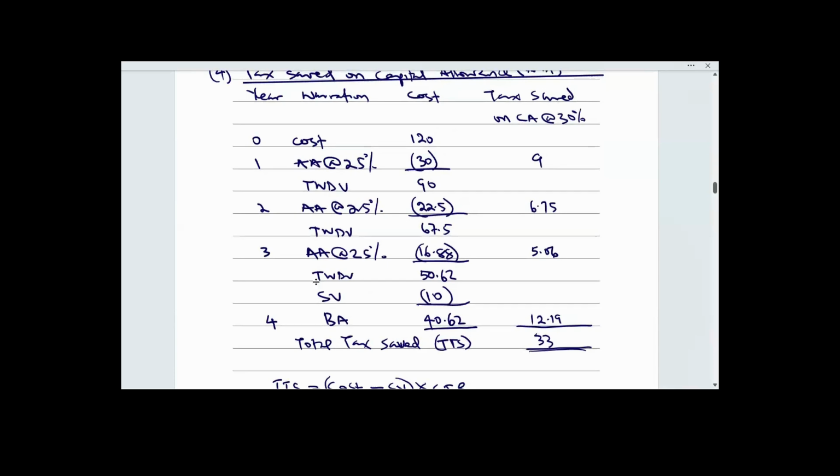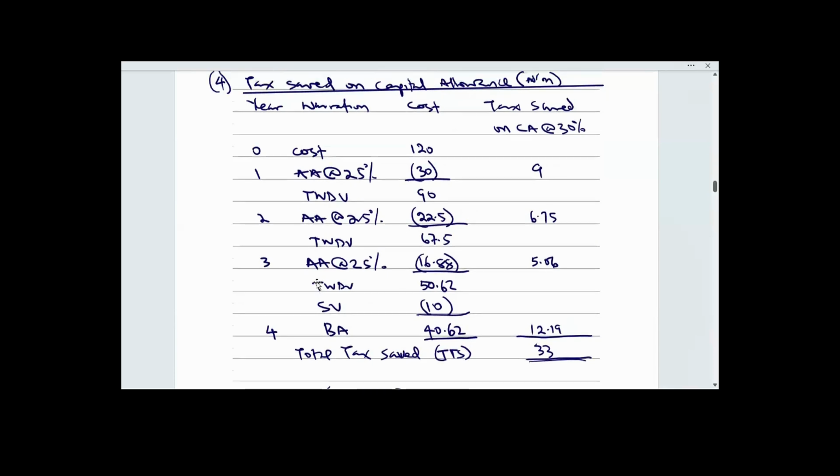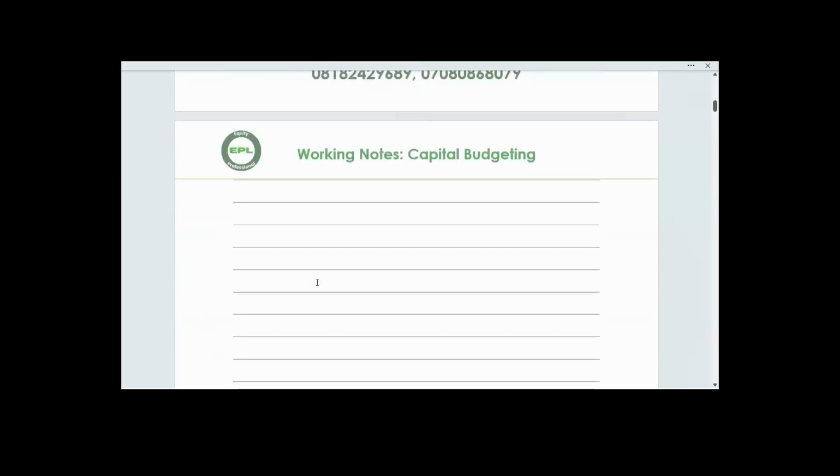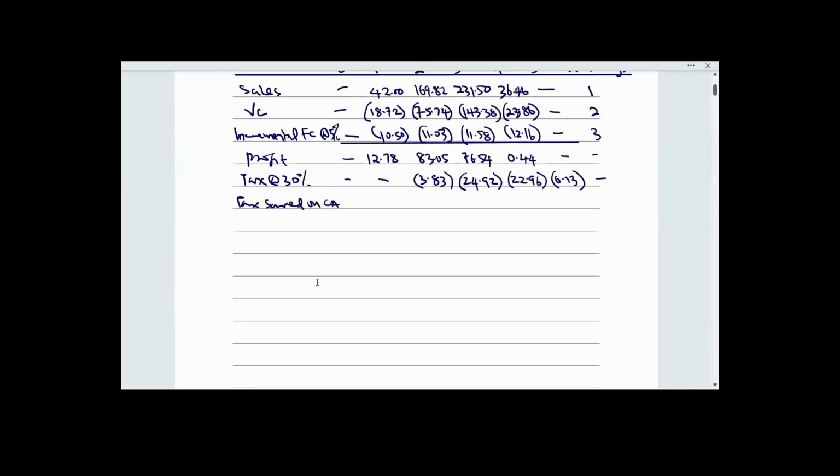The first year is 9, followed by 6.75. Again, like I said, it must follow the pattern of your tax liability. So the capital allowance in the first year will be claimed in the second year. So here will be 9. You are claiming it, so you don't put it in brackets. That will reduce your tax liability.